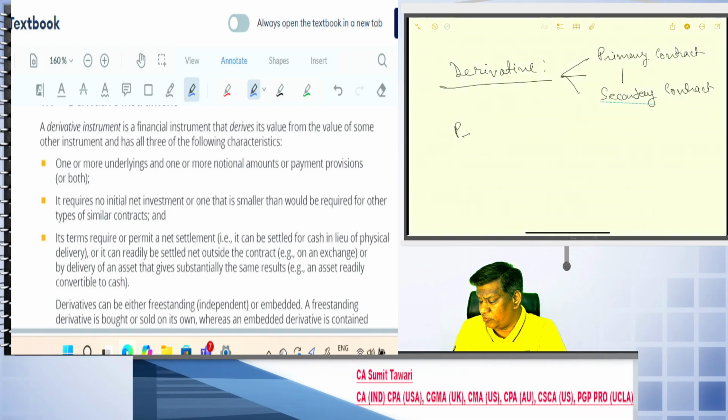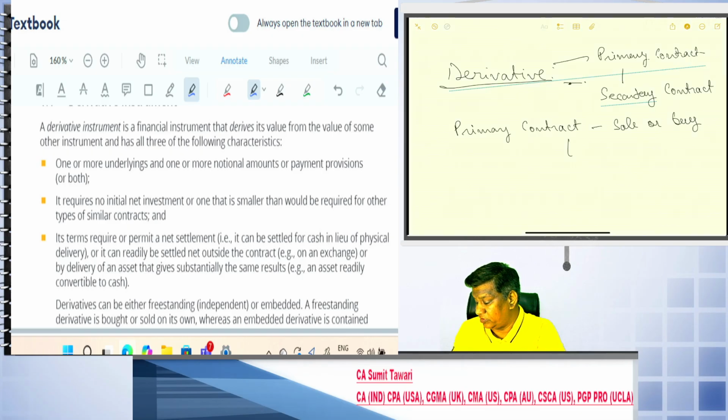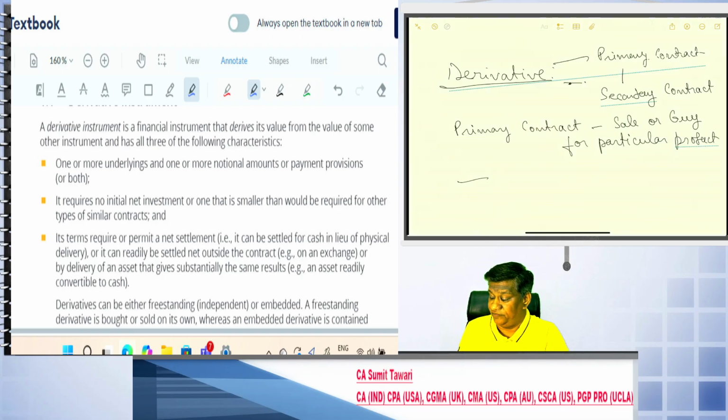The primary contract is to sell or buy a particular product, where there is continuous change in the value.